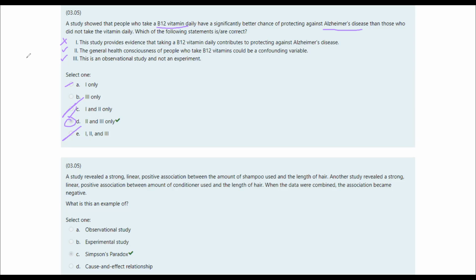All right. A study revealed a strong linear positive association between the amount of shampoo and the length of hair. So there's a strong linear positive association between those two things. Another study showed a strong linear positive association between that. So there's 2 things that are strong, linear, and positive. It's saying when the data are combined, it becomes negative.